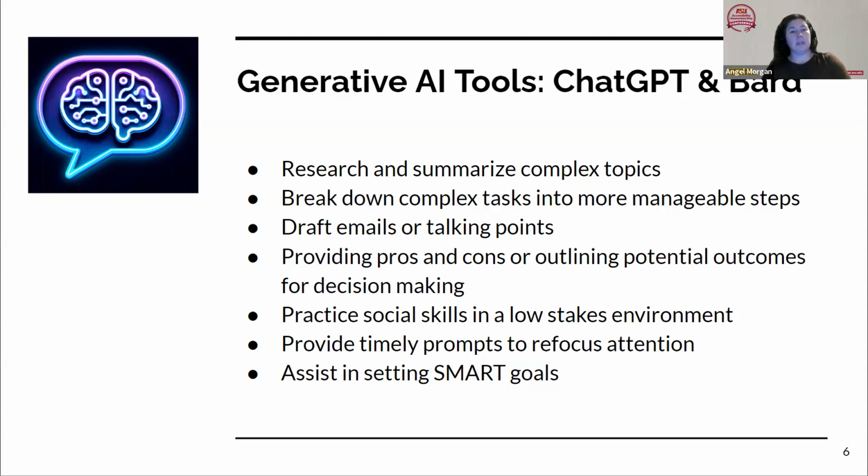The first tool I wanted to talk about is simply our standard generative AI tools like ChatGPT and Bard, and several other folks have created similar tools that are out there that you can put in something called a prompt, and the AI bot will respond back to you with information.